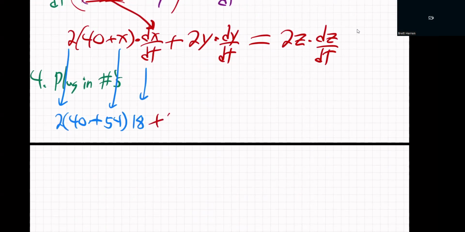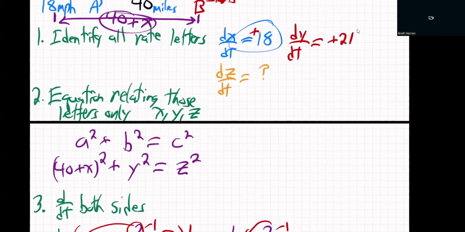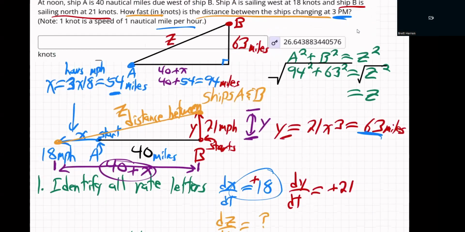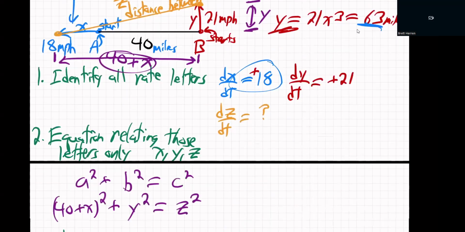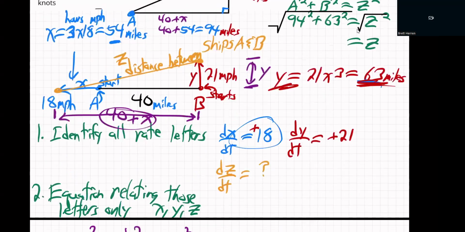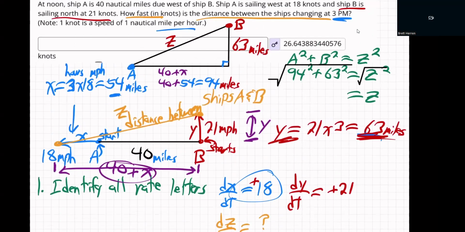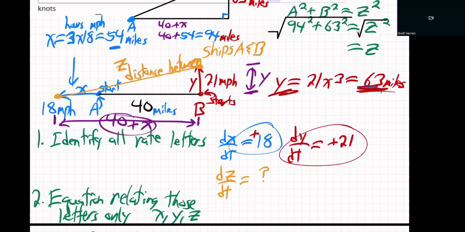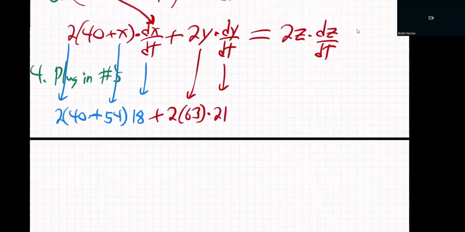Plus 2. And what's y? Y is 63 miles. And then dy dt is, isn't that 21? dy dt is 21. Yep. Okay, equals 2.